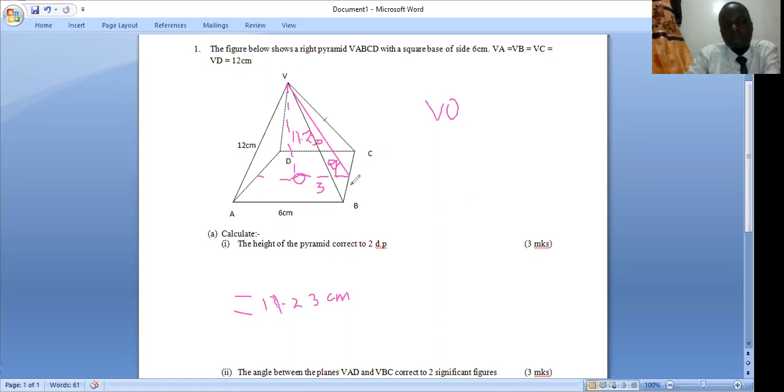The angle between. So we use SOHCAHTOA to get that angle.